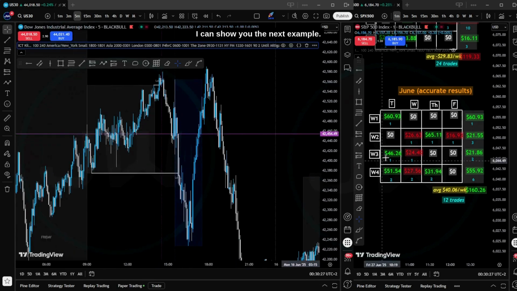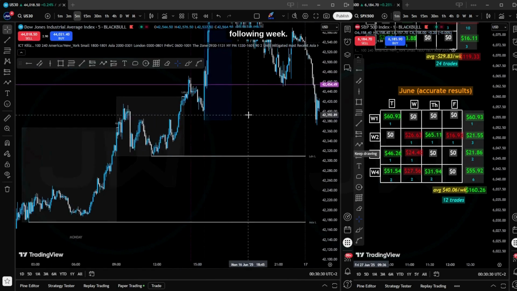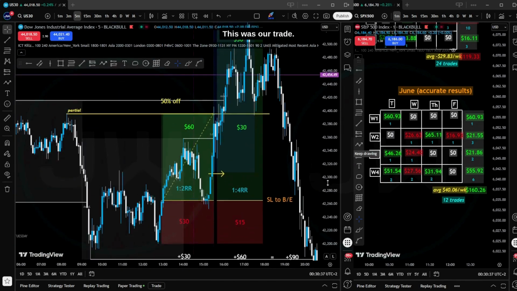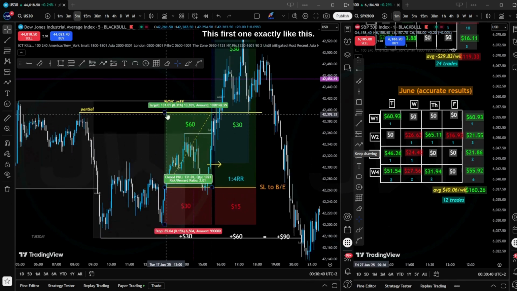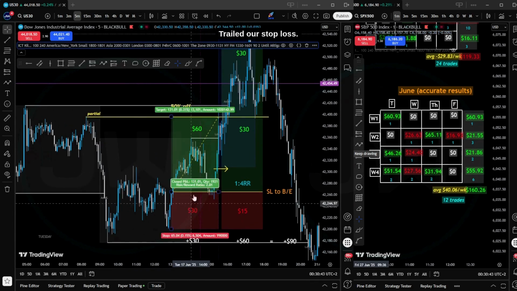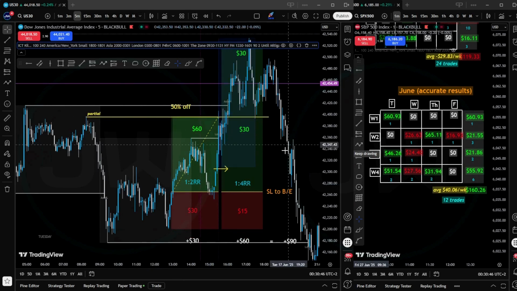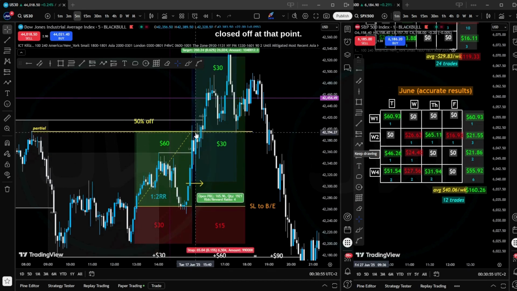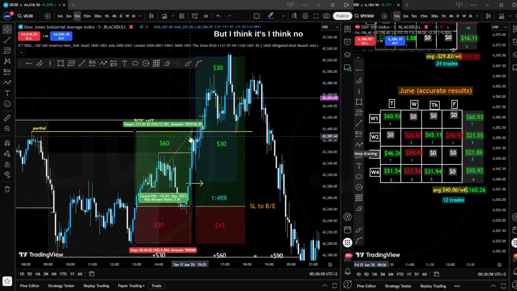I can show you the next example, the Tuesday following week. You can see exact same thing happened. This was our trade, this first one exactly like this. We took a partial, trailed our stop loss, stopped us out, or I have to go back and check, but either we got stopped out or we closed off at that point. But I think no, we got stopped out.